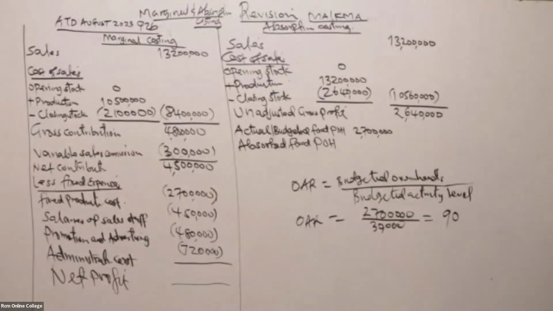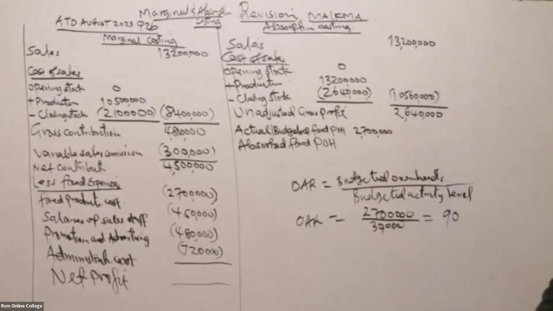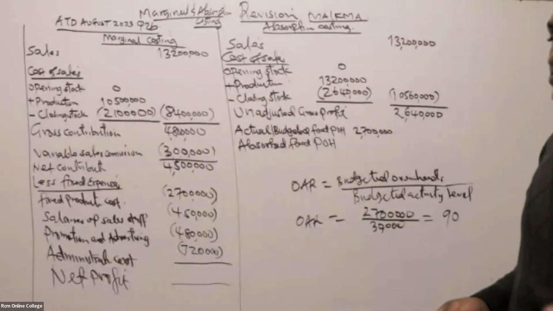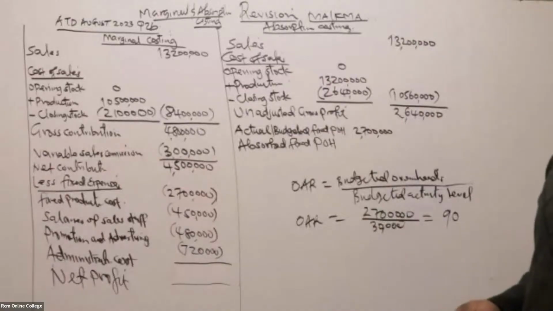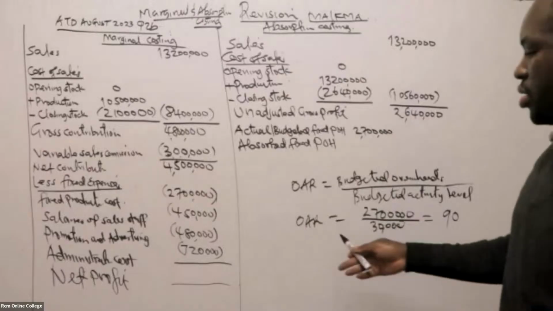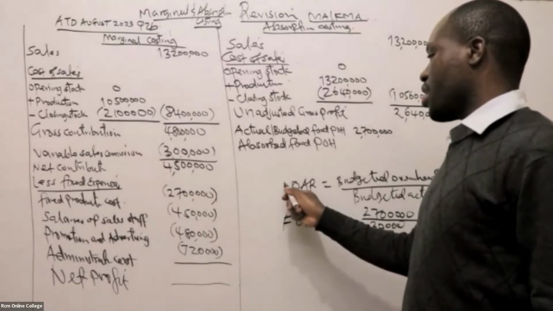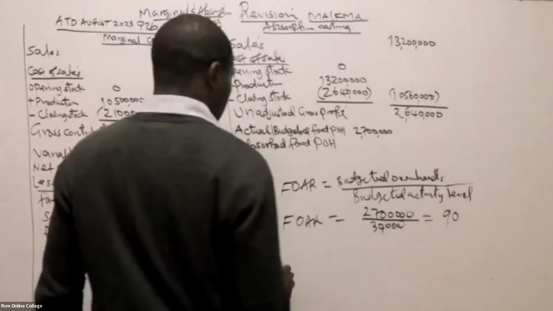Were you able to see that figure anywhere when you were getting cost per unit? It was the fixed production cost per unit. The budgeted fixed production cost per unit is what we call the fixed overhead absorption rate. How do we get overheads absorbed?